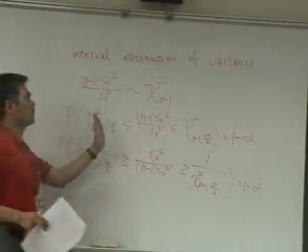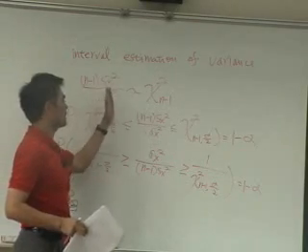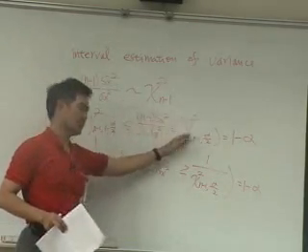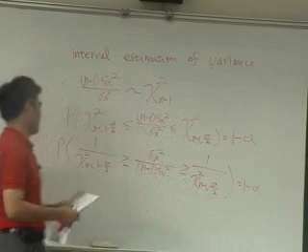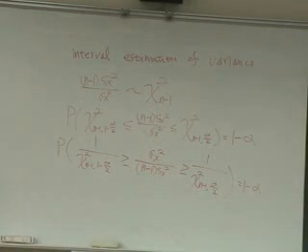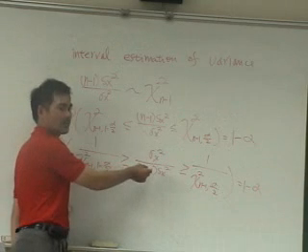Now, because generally we put A less than or equal to B less than or equal to C, we will change the direction here. So what we end up with is, we're going to multiply this.